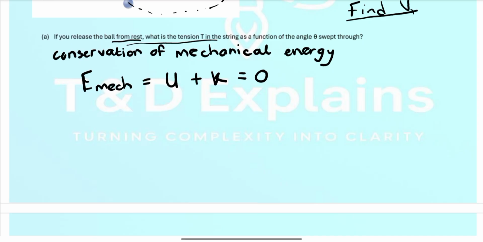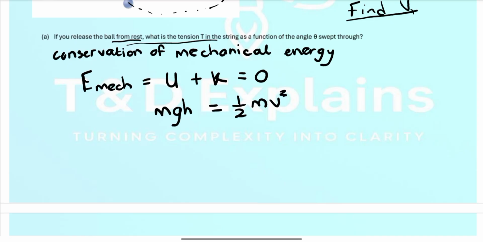So we want to find our potential energy, which is given by the formula mass times gravity times height, which equals kinetic energy, which is given by half mass v squared.